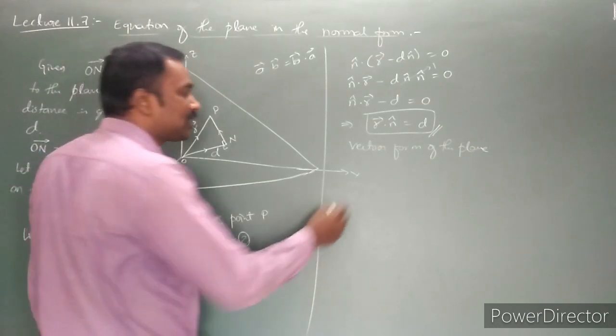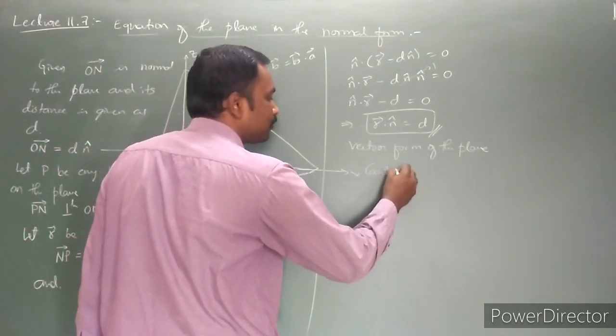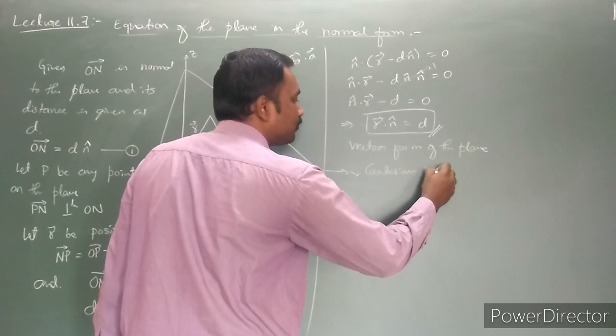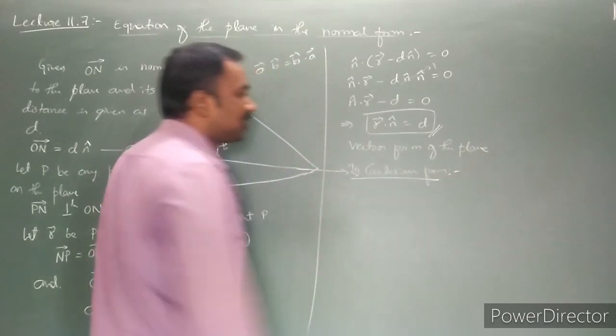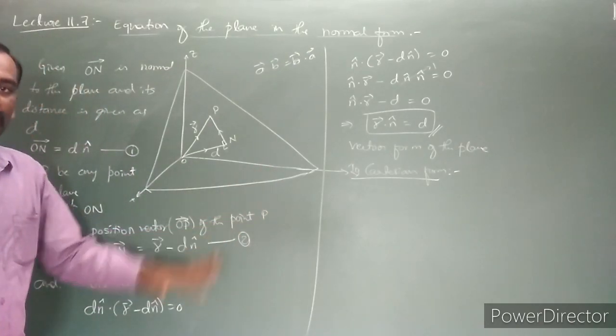Now we need to get the Cartesian form. How to get the Cartesian form? We take the components.